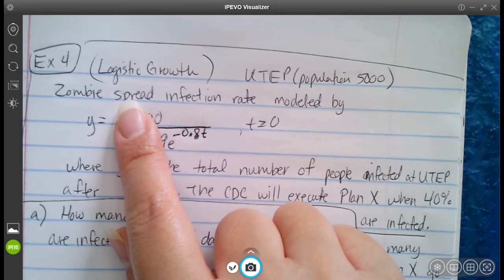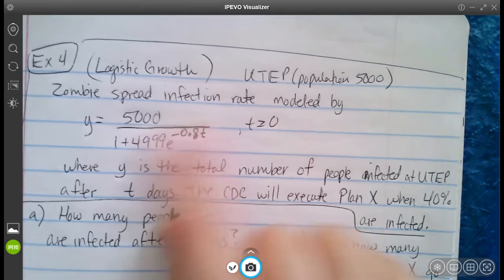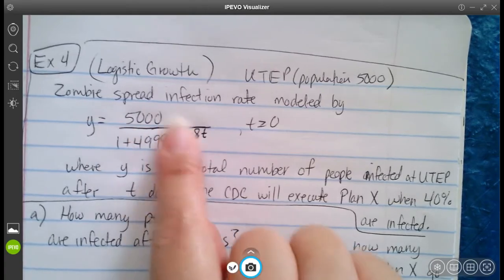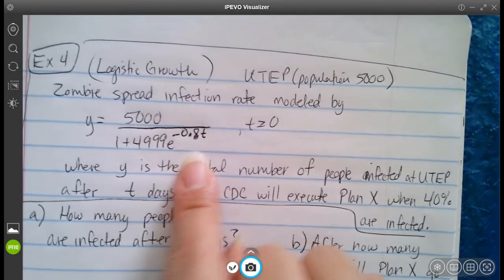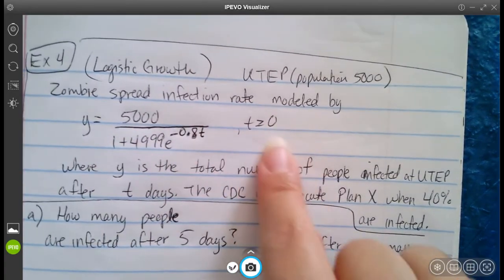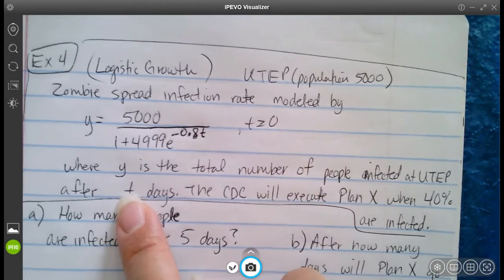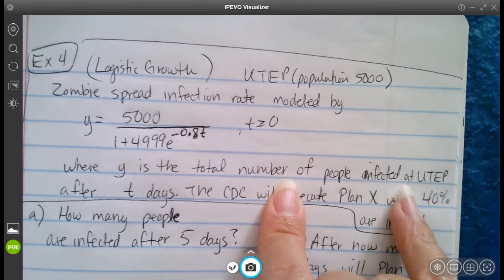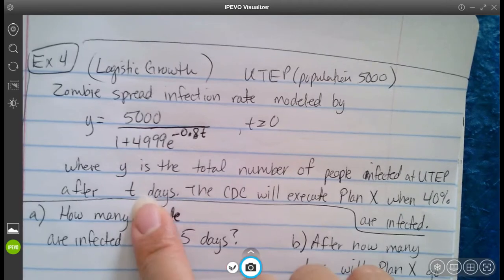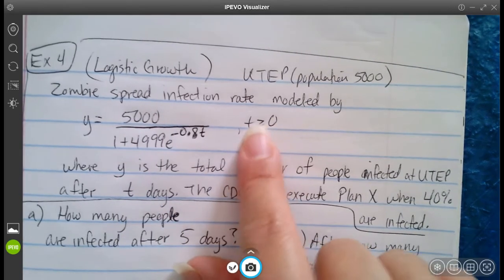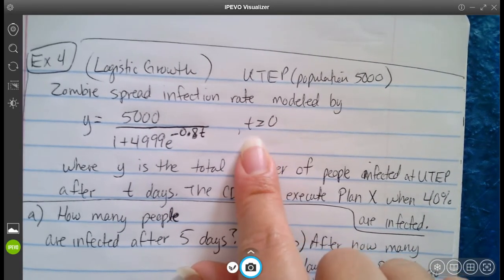Hopefully it doesn't actually happen. This rate is modeled by y equals 5,000 over all this, where t is greater than or equal to 0, where y is the number of people infected at UTEP after t days. Obviously we can't have negative days, which is why we have t greater than or equal to 0.